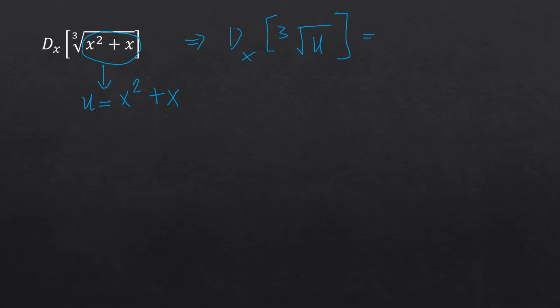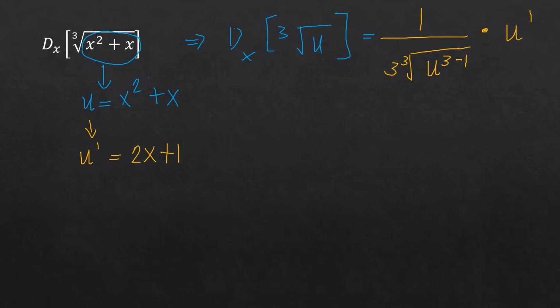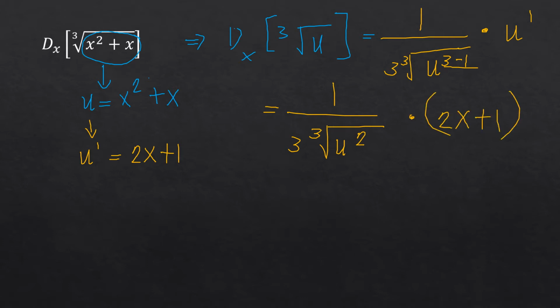Remember that our rule for radical is you have to get the index, then cube root of u raised to the index minus 1, 3 minus 1. Now multiply that to the derivative of u. So the derivative of u here, or u prime, is 2x plus 1. Okay, now we substitute that, so we have 1 over 3 cube root of u raised to 2, because 3 minus 2 is 1, times 2x plus 1, that is the derivative of u.